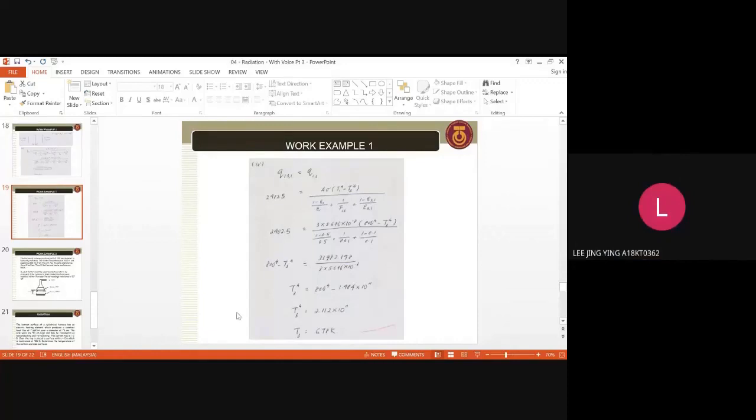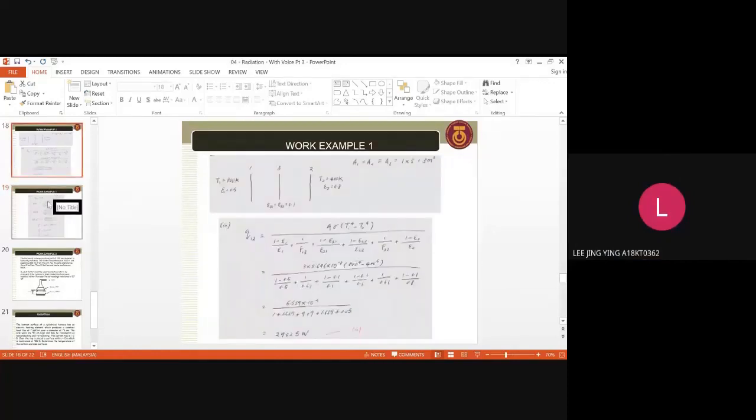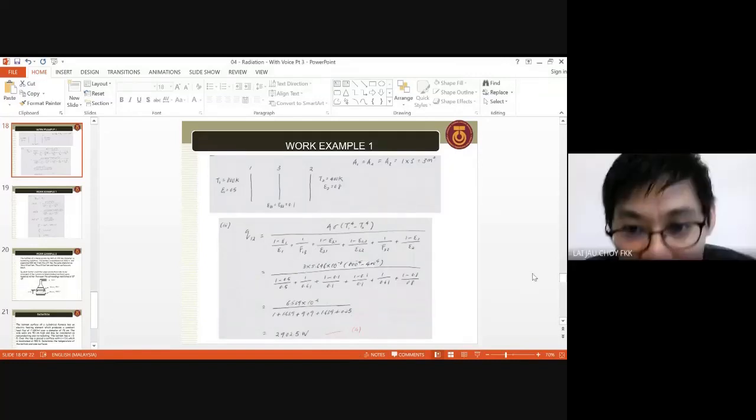My answer is different because I assume the aluminium sheet is added in between the two plates, so the distance becomes 0.25, which makes my F13 and F32 different from the first view factor.